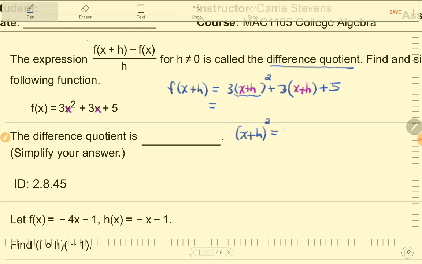You can use the perfect square trinomial pattern. So we learned this for a previous test. I taught you to do the first term squared plus the last term squared. And then in the middle, you're going to have a duplicate, or 2 times the product of each term. So that's plus 2xh.